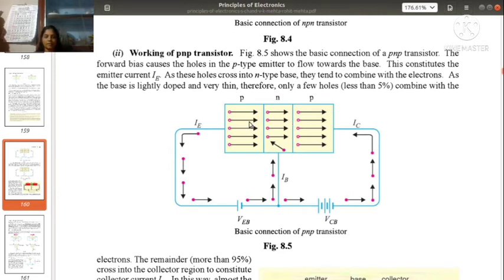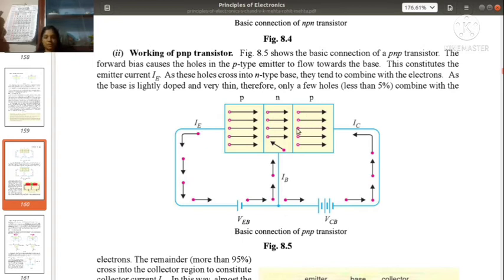In the PNP transistor, we make the emitter-base junction forward biased and the collector-base junction reverse biased. When it is forward biased, the holes move towards this junction, and a small quantity of them combine with the electrons in the N region, which constitutes the base current.